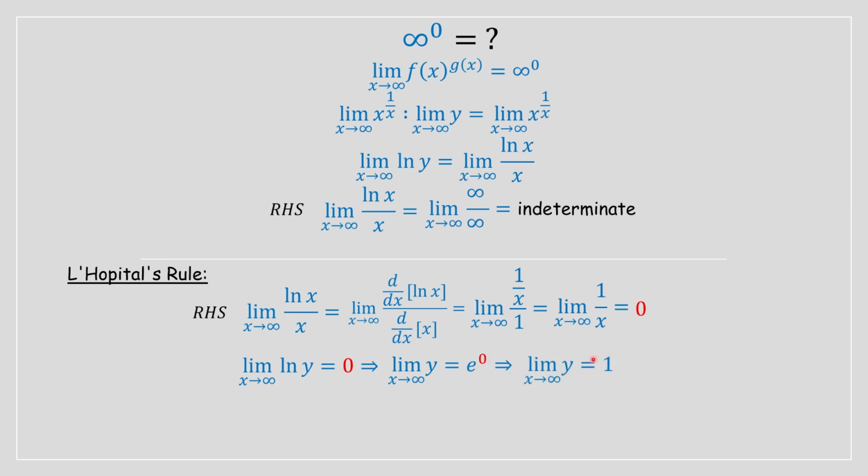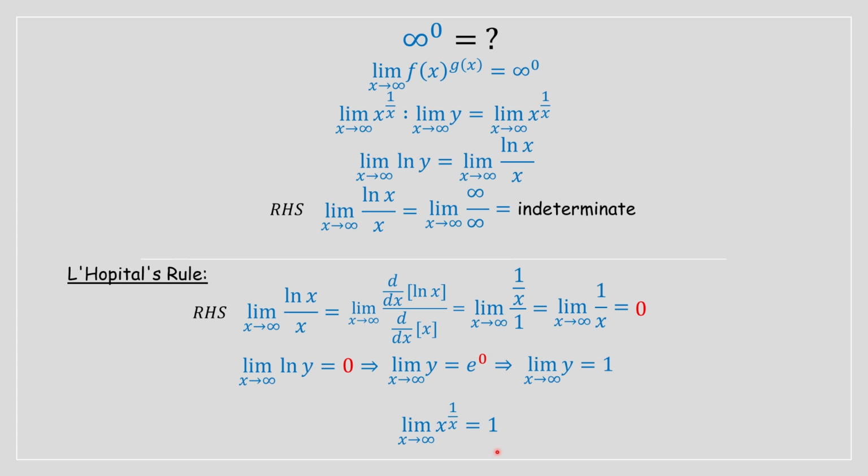The limit as x approaches infinity of y is equivalent to the limit as x approaches infinity of x to the power of 1 divided by x. So we established that this is 1, so therefore this has to be 1 by default. So we have proved that it's equal to 1, but we're not done yet.